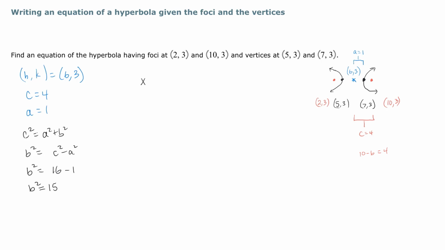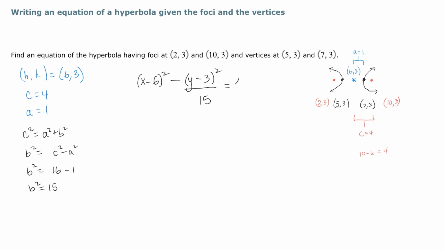What do we got? (x minus 6) quantity squared over 1 squared. So I don't need to write the invisible 1. Why don't we keep it invisible? Let's write the minus symbol. (y minus k, which is 3) quantity squared, over 15.